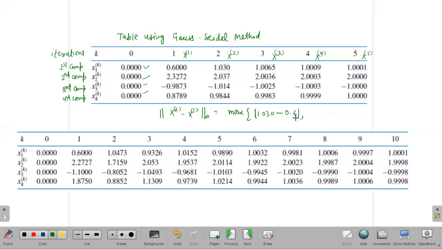These corresponding elements will be subtracted, and 2.037 minus 2.3272, and then minus 1.014 plus 0.9873, then 0.9844 minus 0.8789.